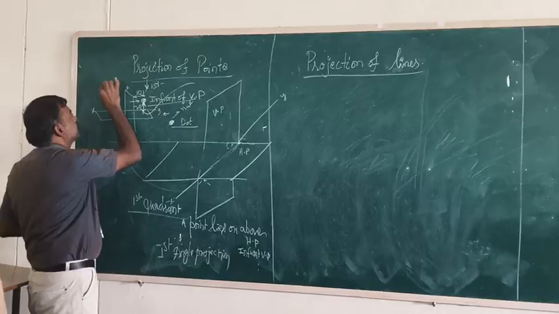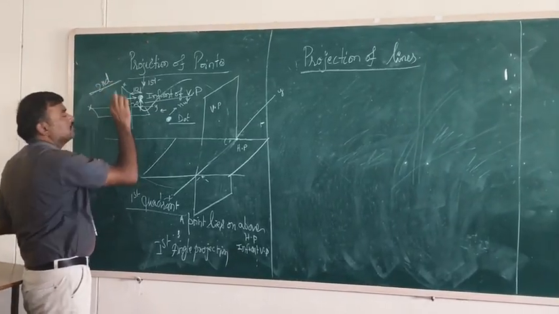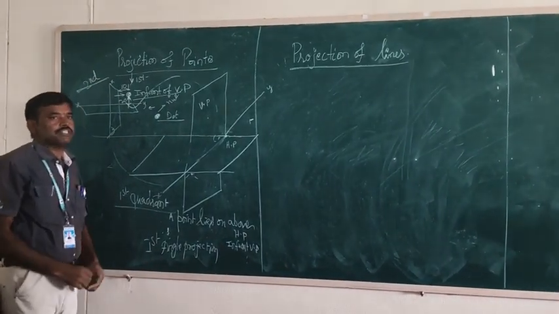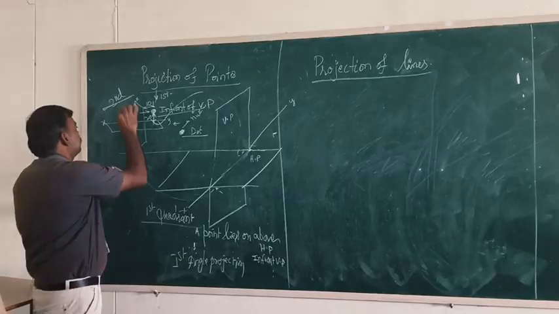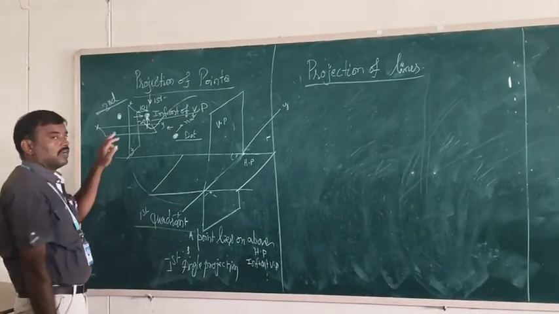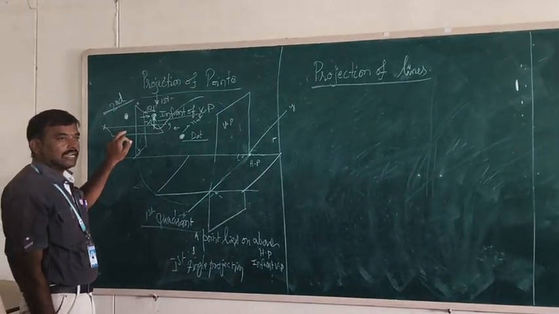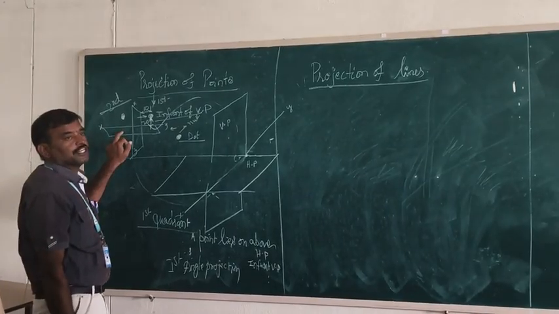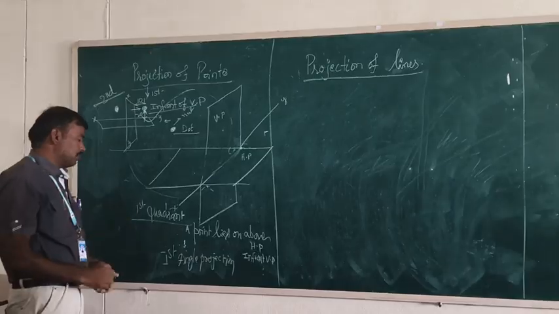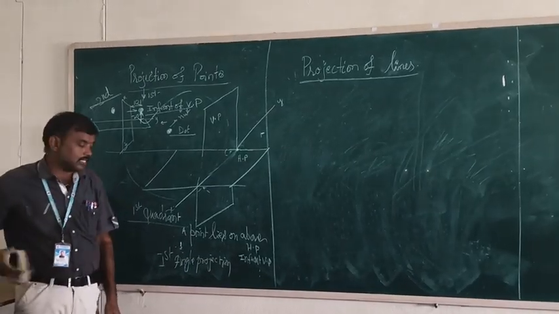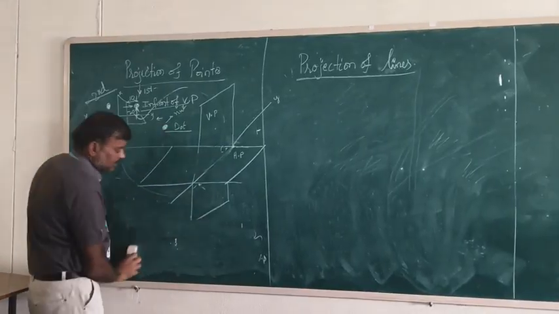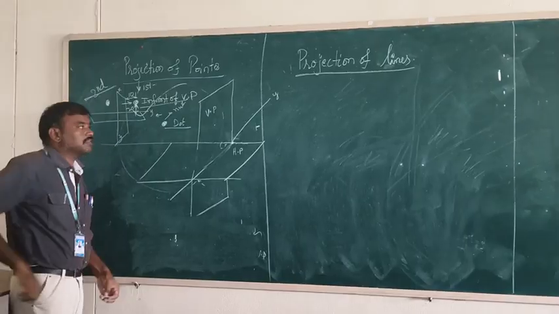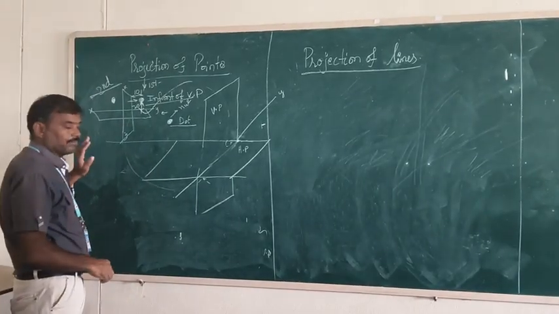Then coming to the second quadrant. In the second quadrant, nothing else is going to change. What changes? This point is shifted to here. This point or dot is shifted into the second angle, meaning second angle projection or second quadrant. Then we need to write the condition. What is that condition? Earlier people simply said behind.